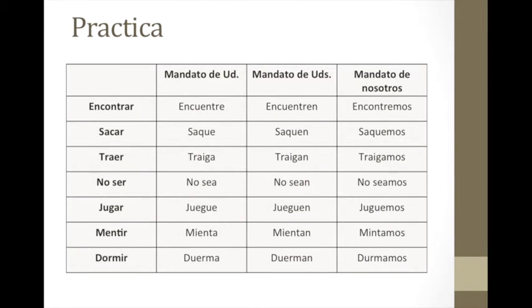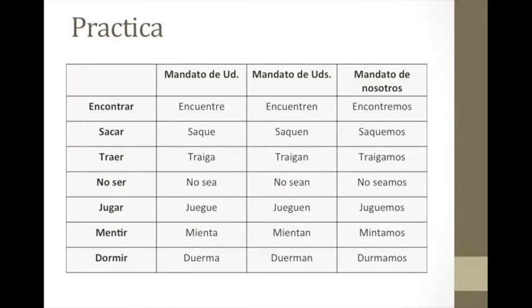So to overview a variety of verbs that sum up the changes that you're going to see. Encontrar, "to find." We have flipped endings everywhere, and you're going to notice that only the usted and the ustedes have a stem change. Encuentre, encuentren. Encontremos would not have that O to UE. Sacar is a CAR verb, so saque, saquen, and saquemos. "Take out" and "let's take out."